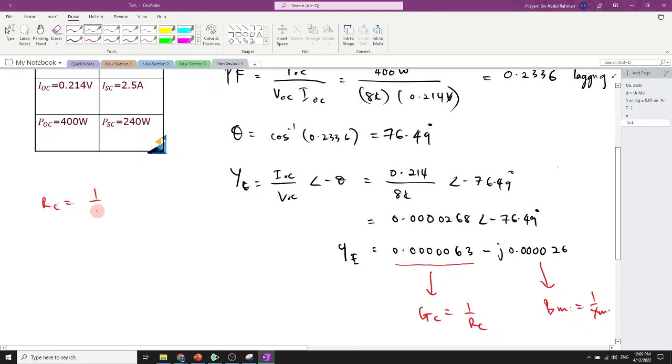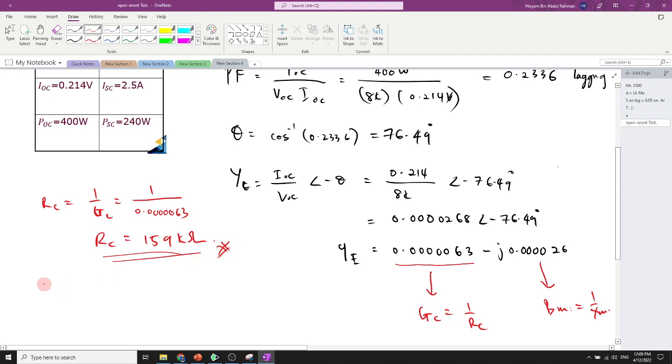RC is 1 over GC, 1 over 0.0000063. Berapa dapat? Okay, I think dapat 100 k ohm, RC.